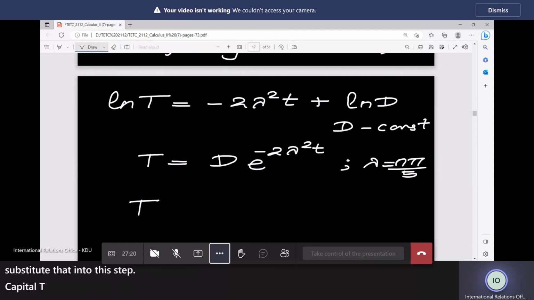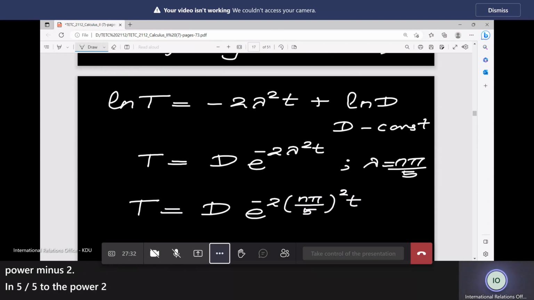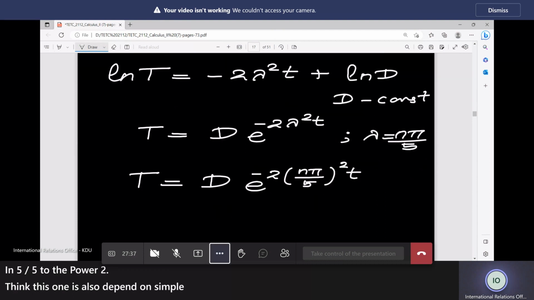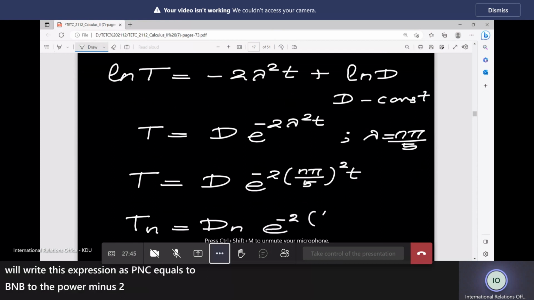Capital T equals d times e to the power minus 2 (n phi over 5) squared t. Since this is also dependent on n, we write this expression as Tn equals dn e to the power minus 2 (n phi over 5) squared t.